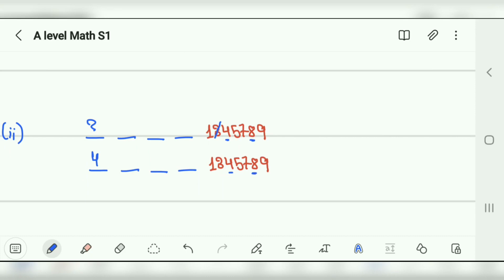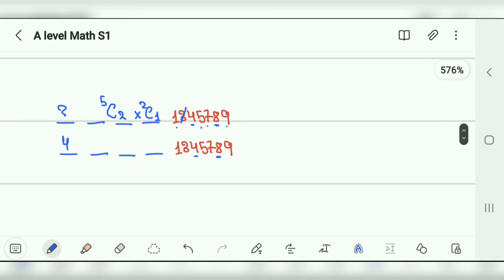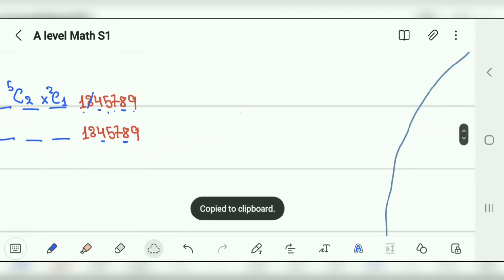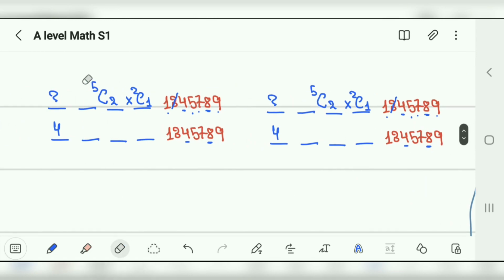So first of all, we take out the even number, so it's going to be 2C1, then multiplied by 5C2. You could write it down like this: there were 7 numbers, we have taken 3 out, so 6.